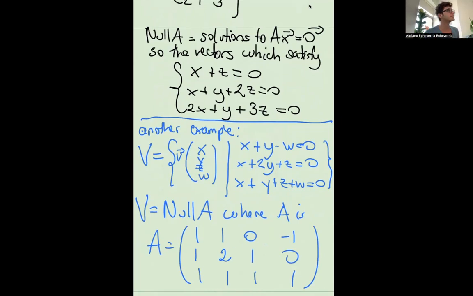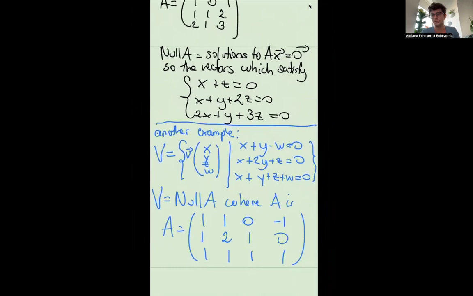There are many situations where the vector space is defined using a system of homogeneous equations, and it serves its own name because it's a very common situation. So when that happens, you just refer to that as the null space. Okay. Is that making sense so far, so good with this definition?